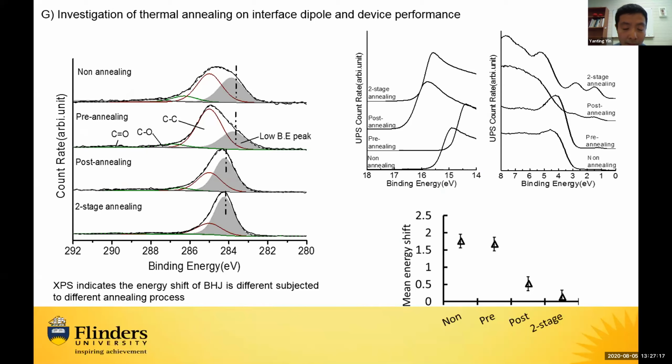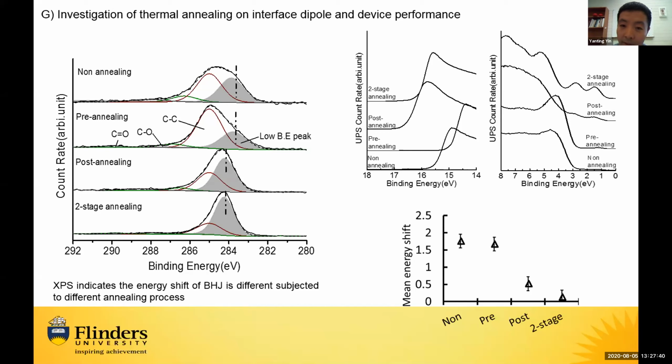However, with the post-annealing spectrum, what do we see? We still see a quite big shifted polymer BHG peak, but they are not shifting a lot. This gives us information that very likely at the interface we will have a very different dipole distance and also dipole strength.